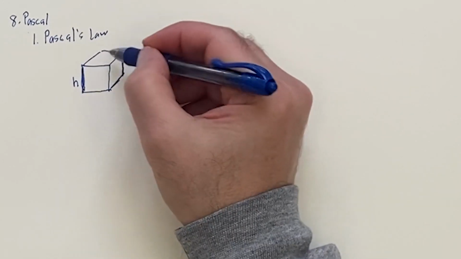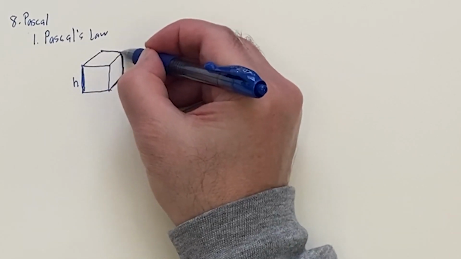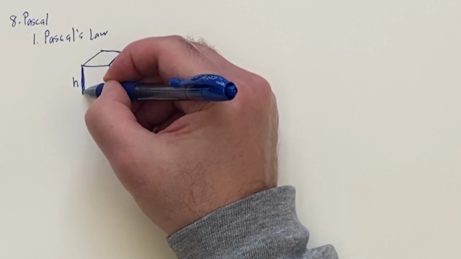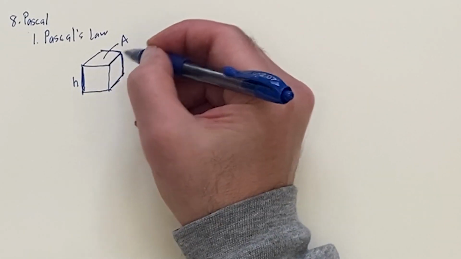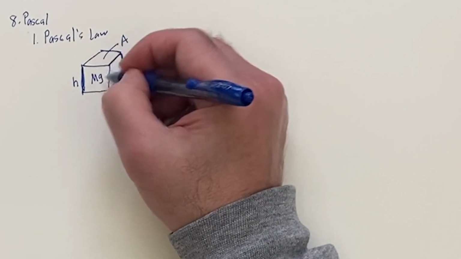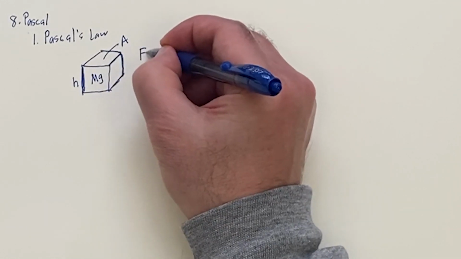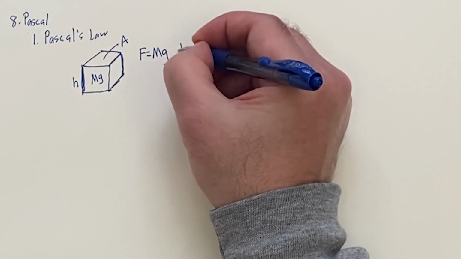Let's take this block of water to be, this is like the surface of the water, and this would be like down below a distance h. And this is an area. And mg is the mass of the water, and then g is your weight. So your force is equal to mg. Remember we talked about that before.